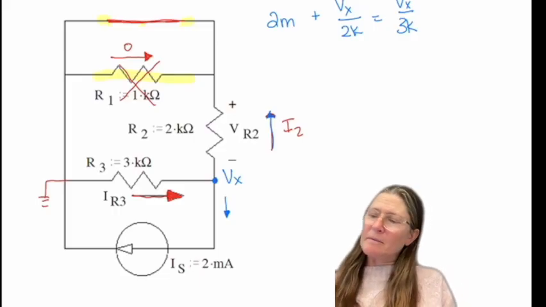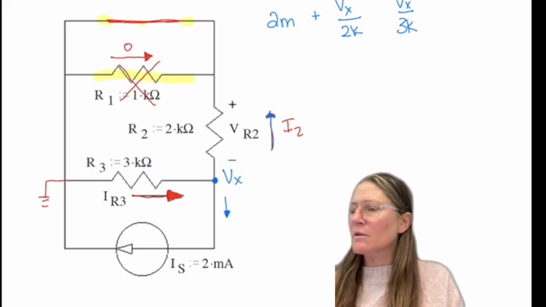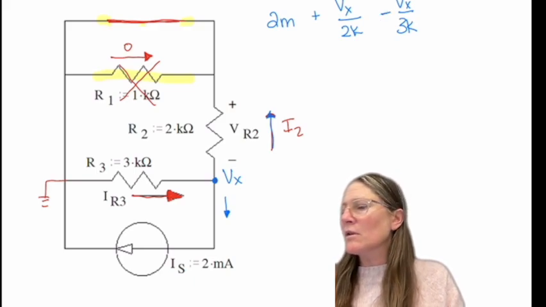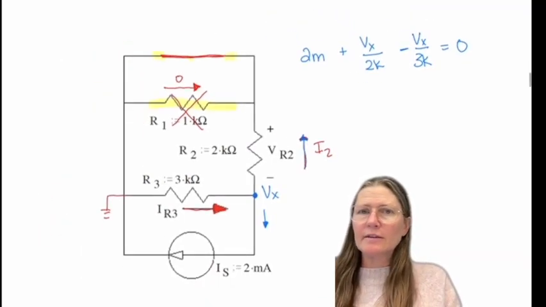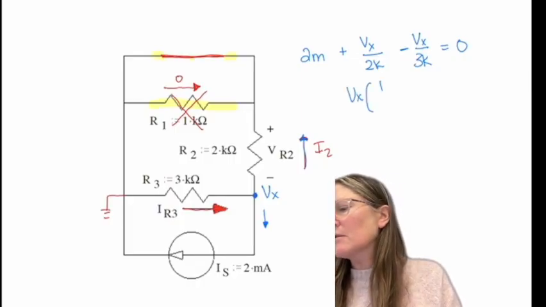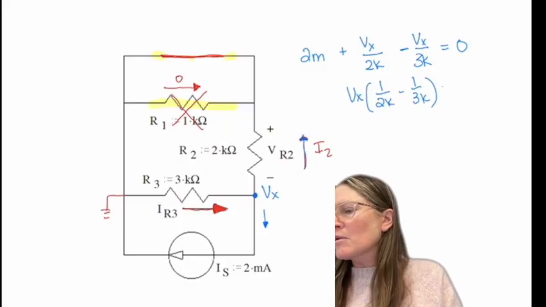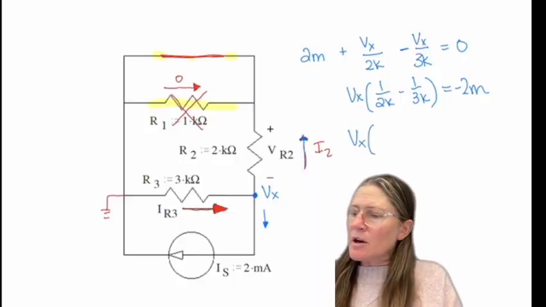How do I say this? Or I could say a negative Vx over 3K equals 0. So either way, I get this equation. And then I'm going to combine and get a common denominator.